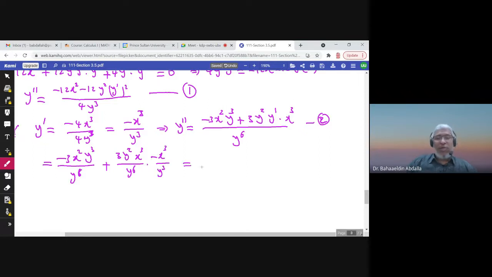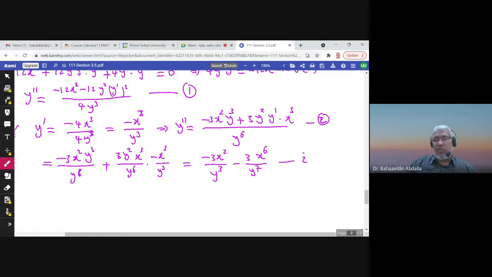All right, so here I will have negative 3x squared over y cube, minus, there is a minus sign, 3 times x cube times x cube would be x to the power 6, and with y squared, I will have y to the power 9 below and y squared, so I have here y to the power 7.